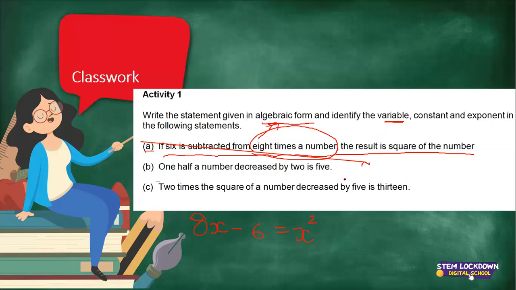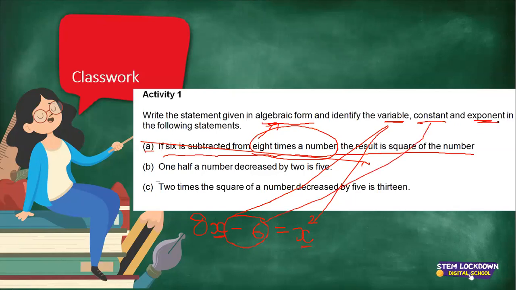Those are two variables. Which is a constant? The constant in this case is -6. Don't say 6, it is -6. So -6 is a constant.